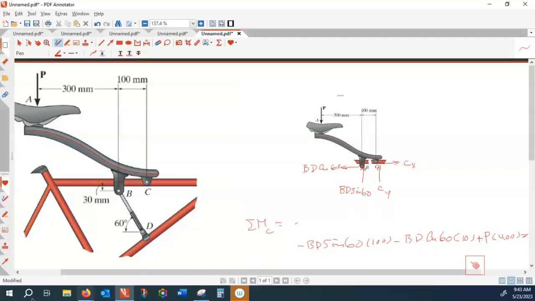So from here, we have to assume that P is a given value. All right, so at this stage we find the BD in terms of the force P, or the force is being given 1,500 newtons. So P is 1,500.